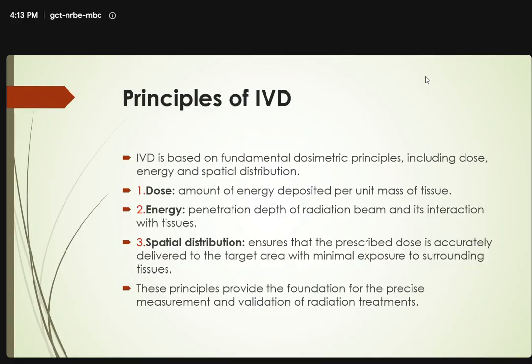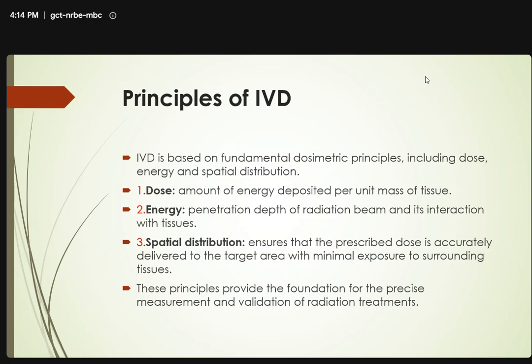Now, what are the principles of in vivo dosimetry? So, IVD is based on fundamental dosimetric principles, including dose, energy, and spatial distribution. Dose is defined as the amount of energy deposited per unit mass of the tissue. Energy is defined as the penetration depth of the radiation beam and its interaction with the tissues.